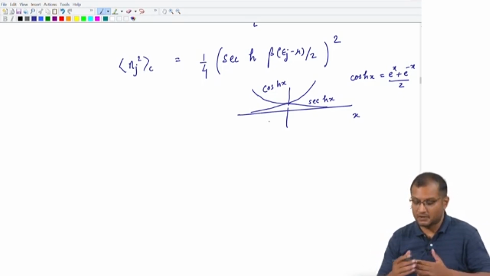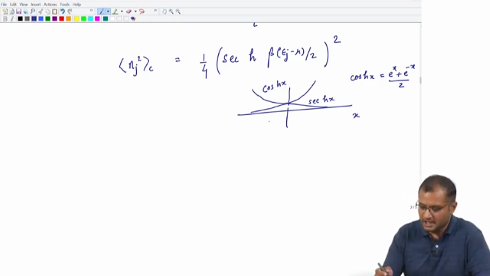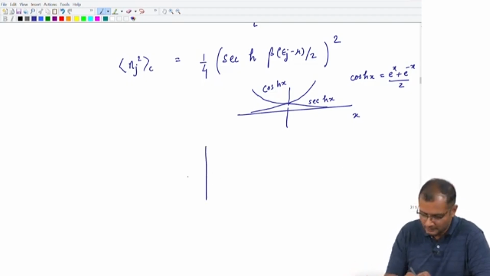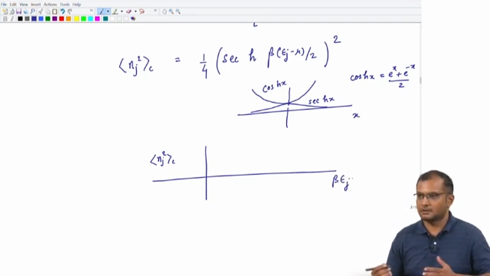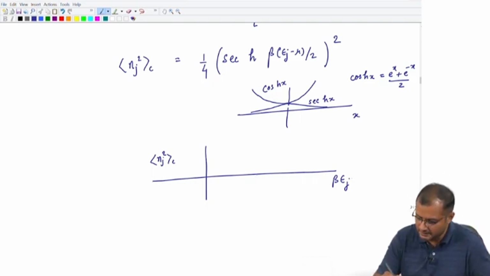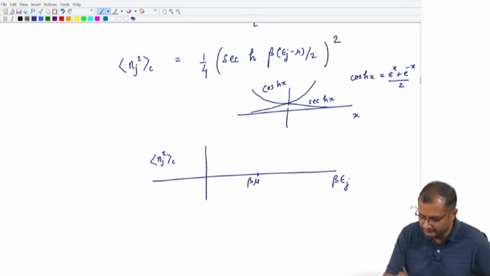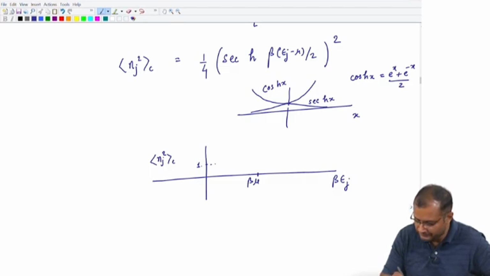Sech is maximum when x is 0, and our x is actually beta (E minus mu), which means if I want to plot beta E_j versus the fluctuation, then I expect the fluctuation to be maximum at beta mu, and this is where I will have this passing from 1, and it will quickly go to 0 on both sides.